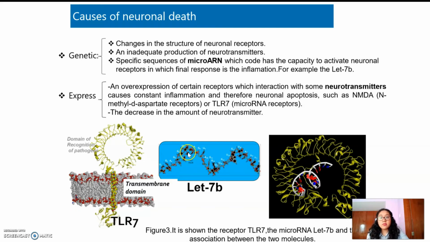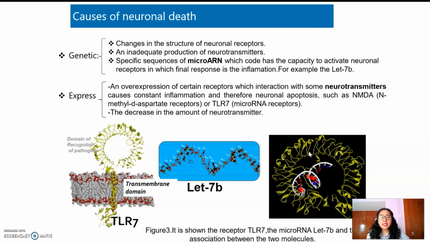Also, specific sequences of microRNA have the capacity to activate neuronal receptors. Here we start with the expression. An overexpression of certain receptors, whose interaction with some neurotransmitters or microRNAs can cause constant inflammation and therefore neuronal apoptosis.